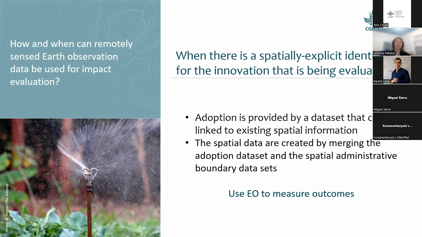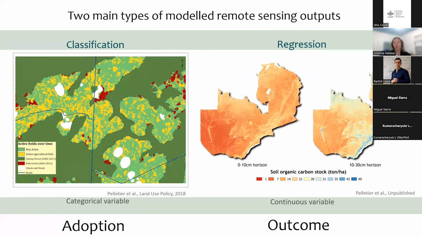And then you will use Earth observation to measure outcomes. There are also times when this information is not available. Often, if, for example, the innovation was developed a long time ago, there might not be a good data set that has tracked adoption. So it might be of interest to measure adoption.